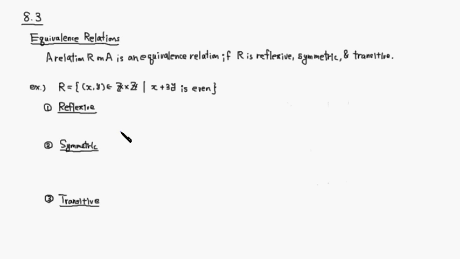Is it reflexive? So for all integer x, let's look at x plus 3 times x, which is equal to 4x, but 4x is 2 times 2x.